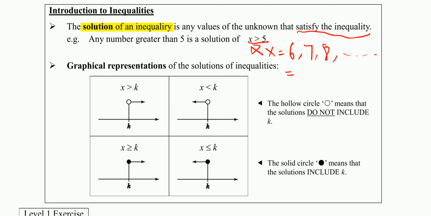Or you can have any other value, 5.1, 5.2, and so on. So the conclusion is that any number that satisfies the inequality is a solution of the inequality. You can think that there are many numbers that can satisfy an inequality.